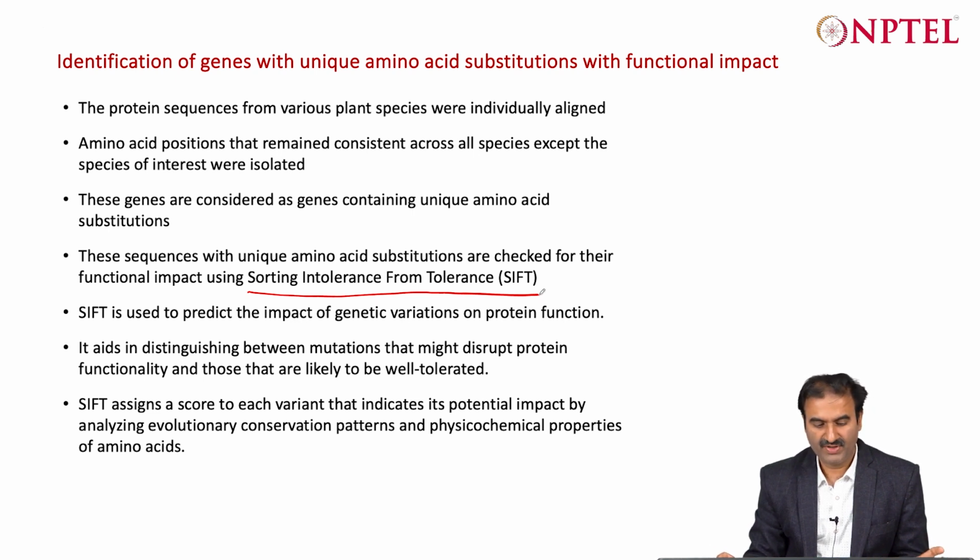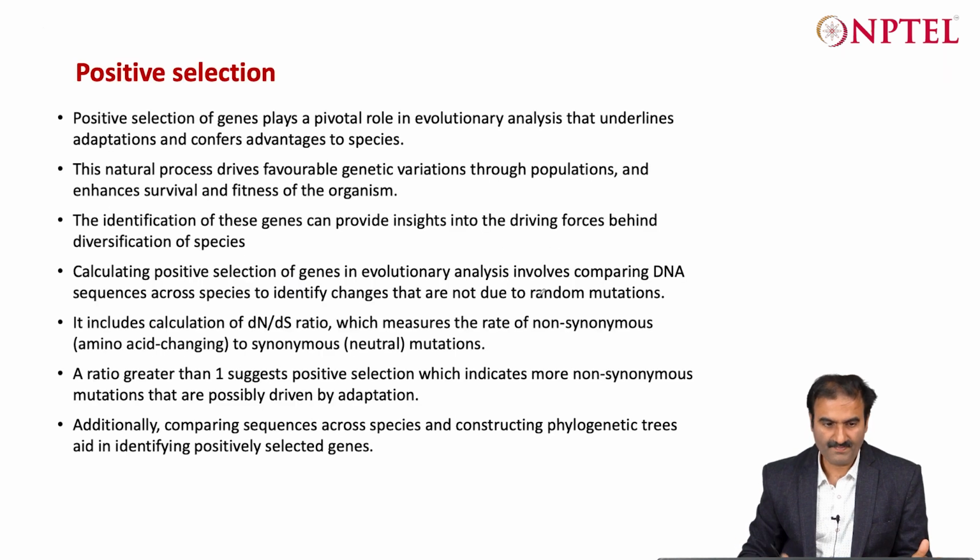Okay, so SIFT will give a score to each and every variant, and based on those scores you can determine what positions or amino substitutions lead to some kind of change or the functional impact, and others you may not consider for your analysis.